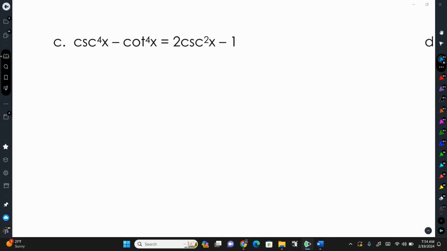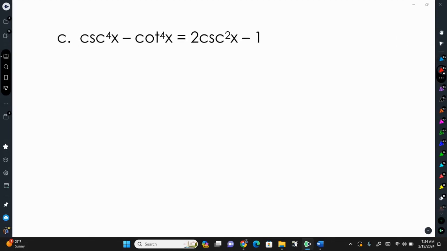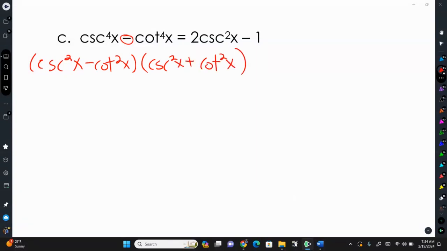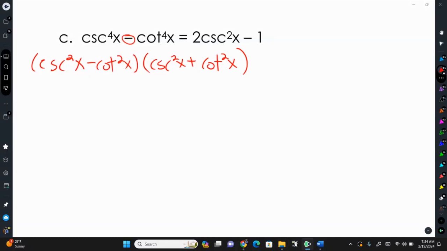Well, this is a difference of squares, because I have two things being squared with a subtraction sign between them. So I have cosecant squared x minus cotangent squared x times cosecant squared x plus cotangent squared x. That's my difference of two squares.